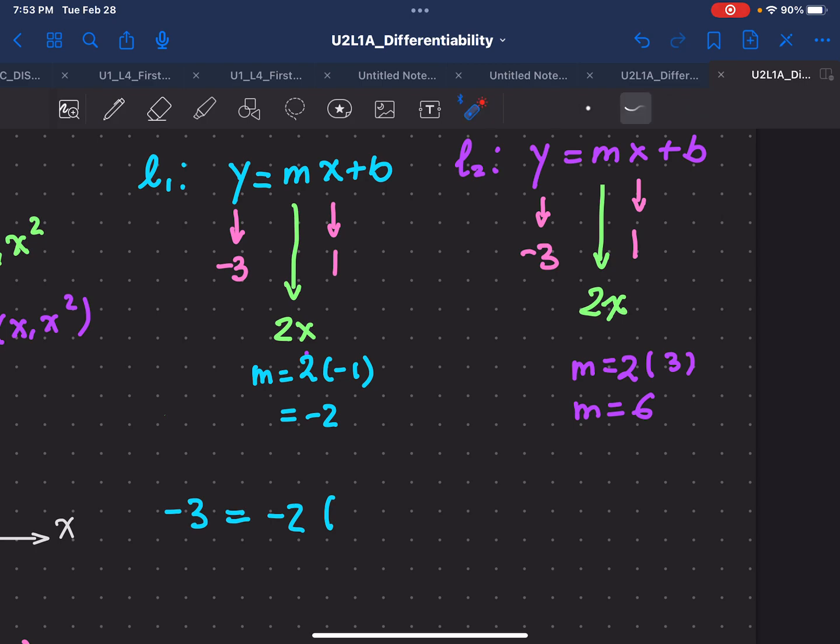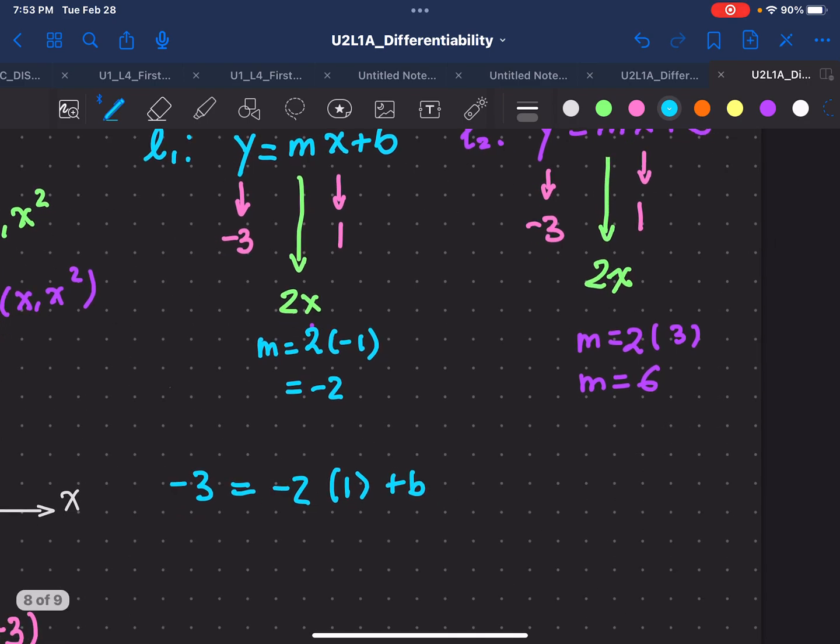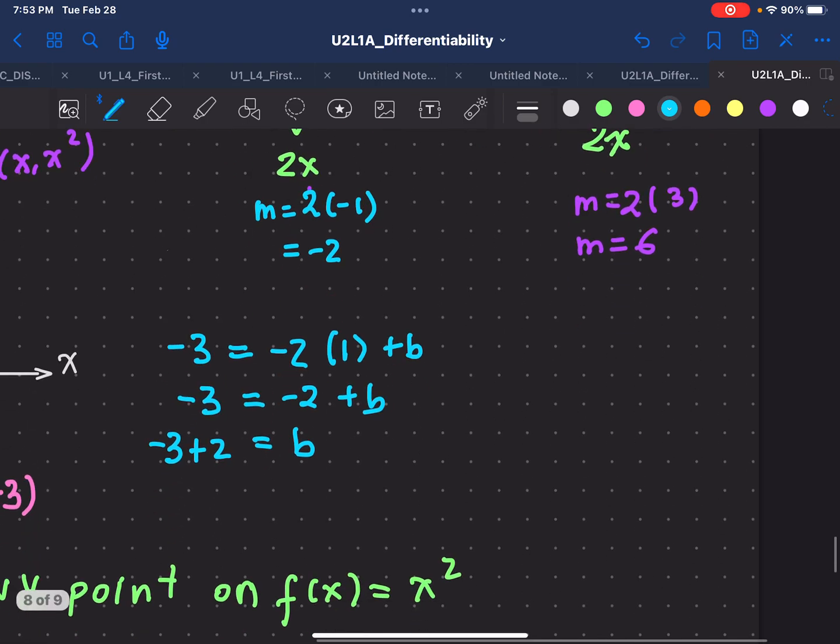And the value of x, which is positive 1. And we are missing b, but we have no problem with it because b is the only unknown in this equation. And that would be negative 3 plus 2, or negative 1. So therefore, we're going to say that the equation of one of the tangents will be y equals negative 2x minus 1.